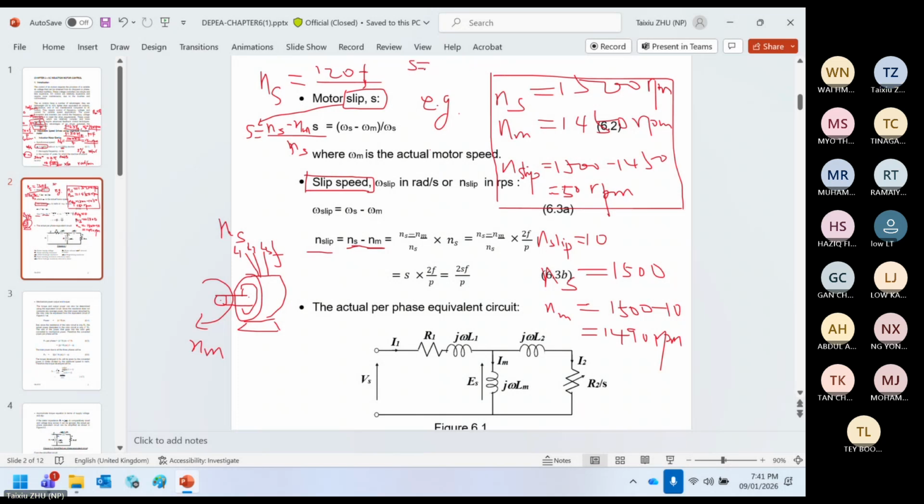speed, 1500 minus 1450, then divided by 1500. Then you get a quite small number. Let me get a calculator. I press the calculator, I can get a number.